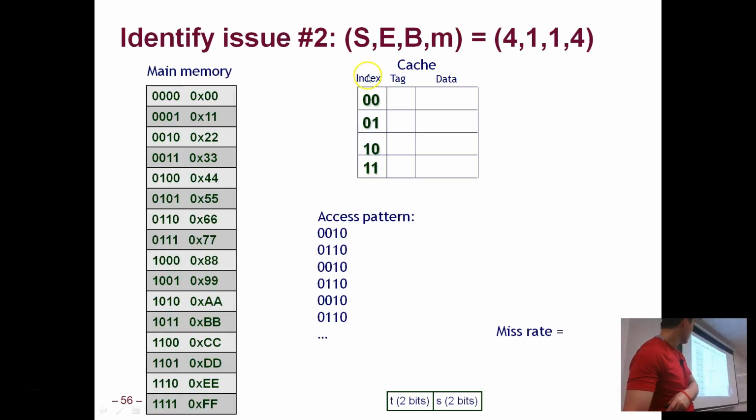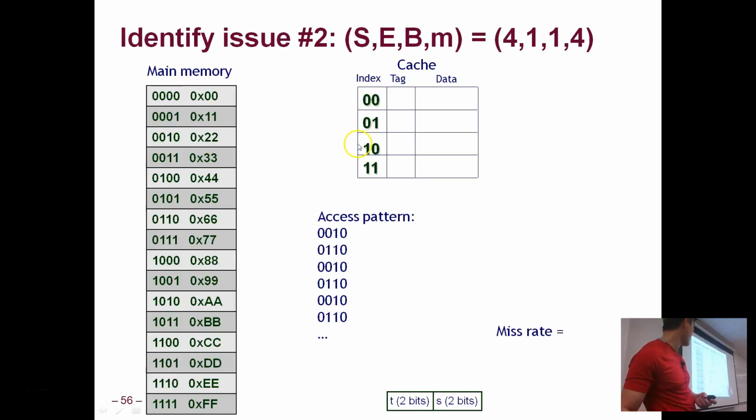So in this case, you have 4 sets. So the last 2 bits are the set index because the number of bytes in the block is 1. These addresses are basically going to thrash the cache by going to the 10 set of the cache.